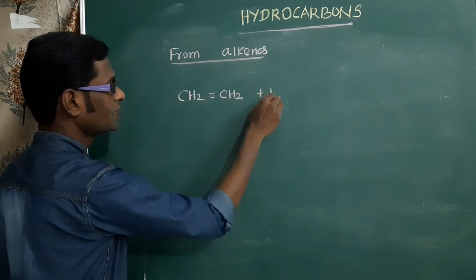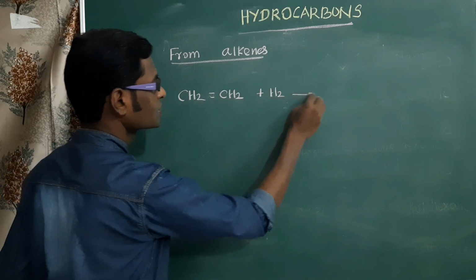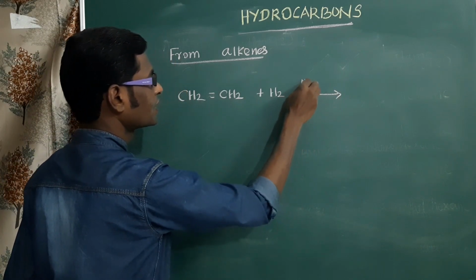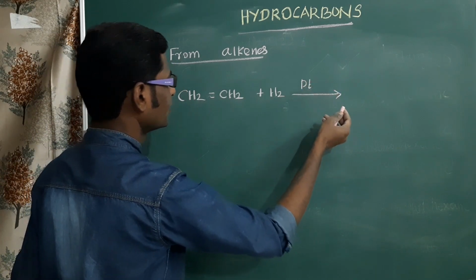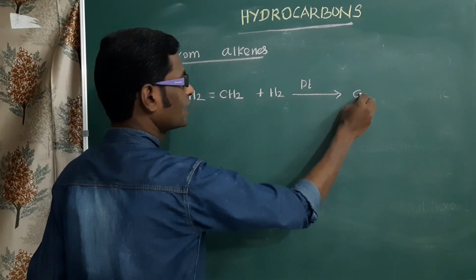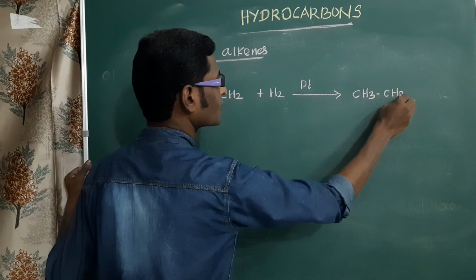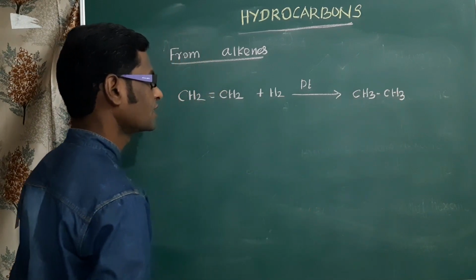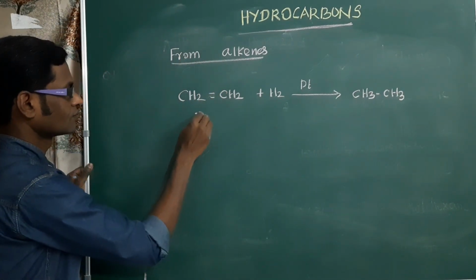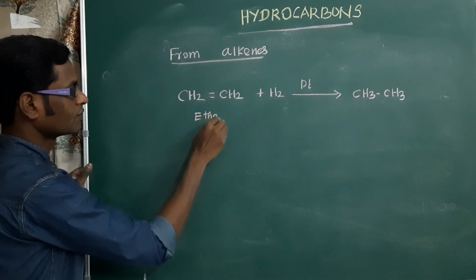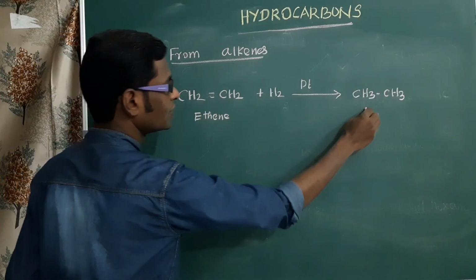This ethene is treated with hydrogen in the presence of any one metal, platinum, palladium or nickel. Hydrogenation occurs, ethene is converted into ethane. This reaction is called a reduction reaction. Alkene to alkane, here ethene to ethane.